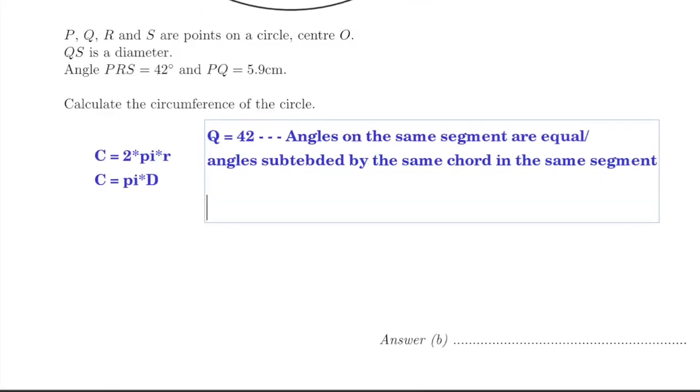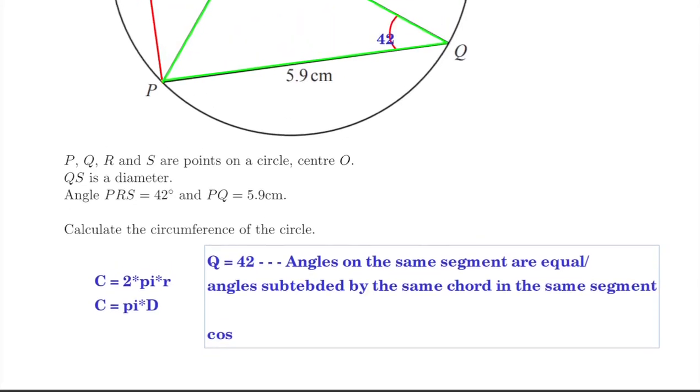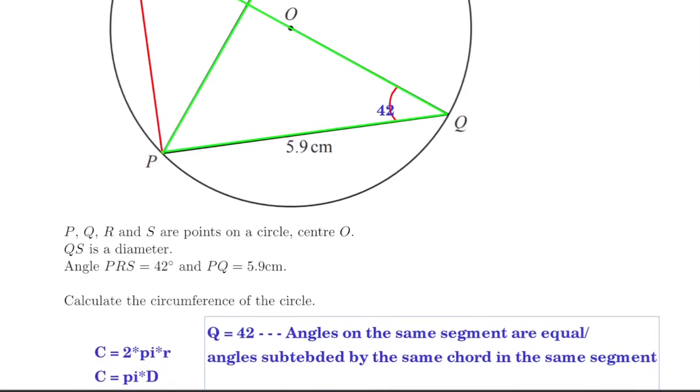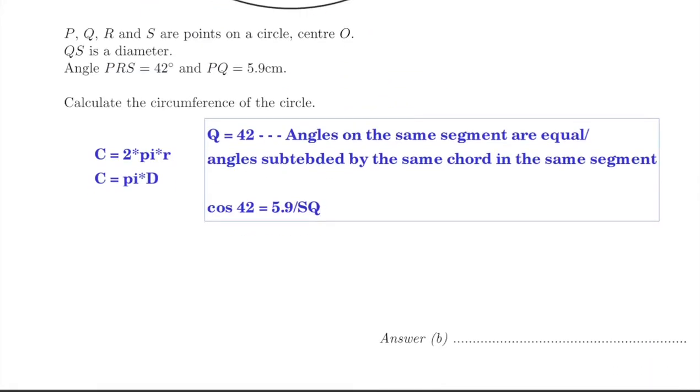This means that cosine of angle Q, or rather 42, is equal to the adjacent, 5.9, divided by the hypotenuse, what we are looking for, SQ. So SQ is equal to 5.9 divided by cos 42.